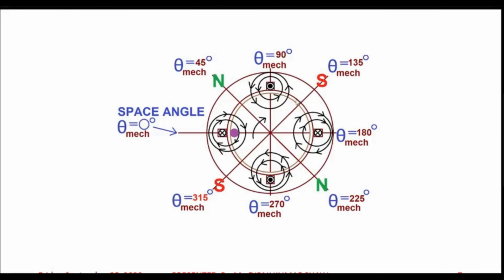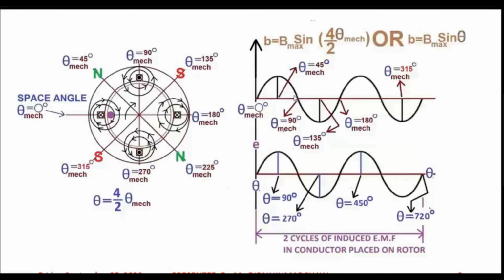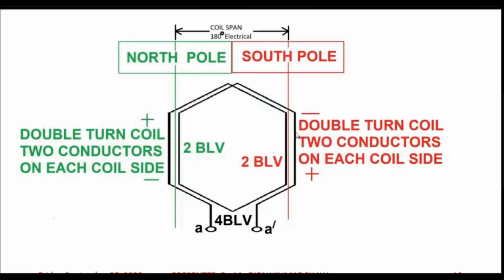Whereas for south pole, what do you see? For south pole, the magnetic lines of flux are directed towards the stator core, that means towards the south pole face. So for this, the direction of B would be opposite with respect to N. That is why we say that the induced EMF polarity would be opposite for those conductors which are under the south pole compared to the conductors which are under the north pole.